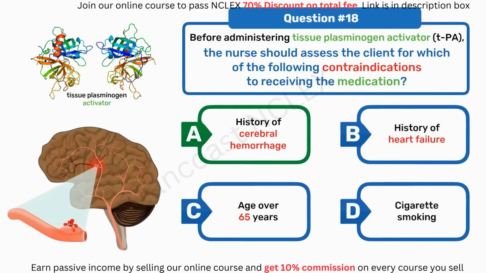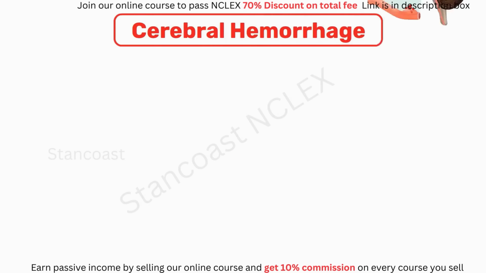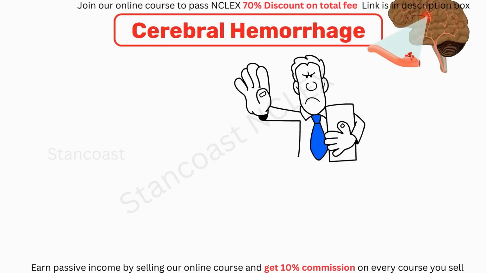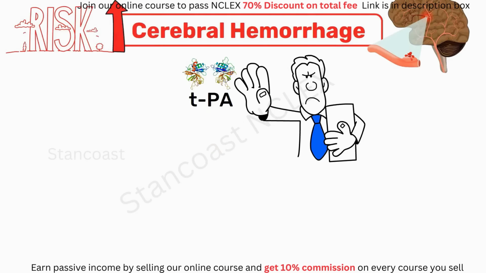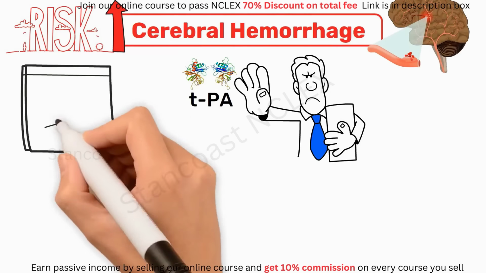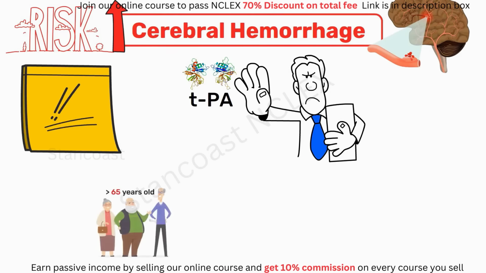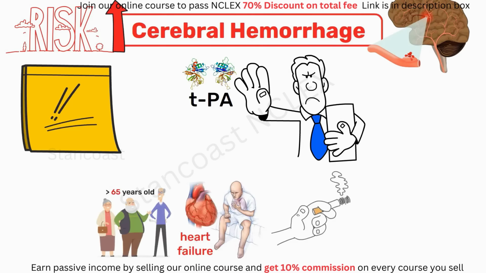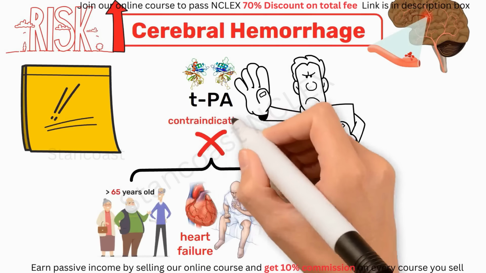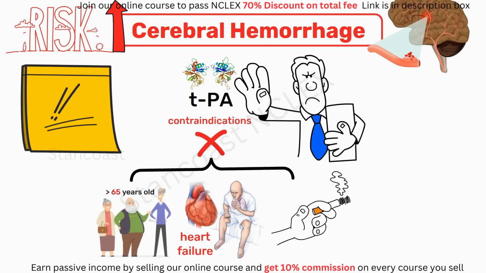Option A is correct, because a history of cerebral hemorrhage is considered a contraindication to the administration of TPA due to the potential risk of further increasing hemorrhage. However, it is important to note that age greater than 65 years, history of heart failure, and cigarette smoking are not contraindications for the administration of TPA.